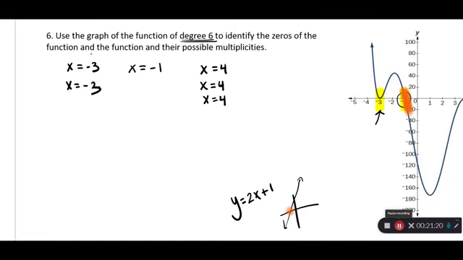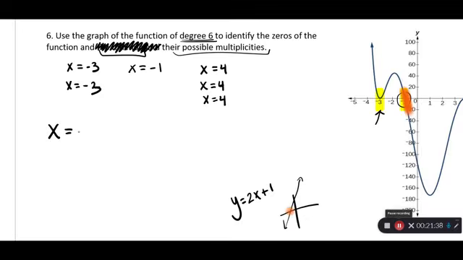So identify the zeros of the function and their possible multiplicities. I think that's a typo. We could multiply it all out for the function or just write it as factored form. I think this is a typo and it should just be this. Okay.